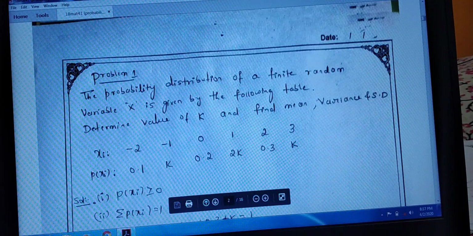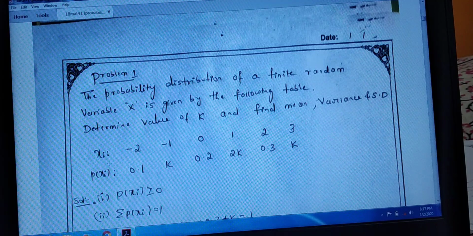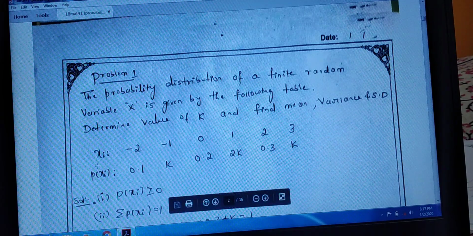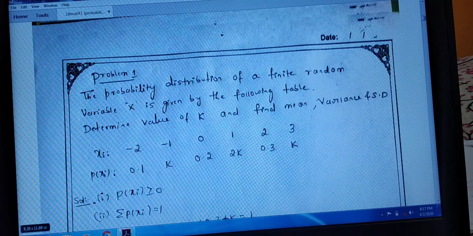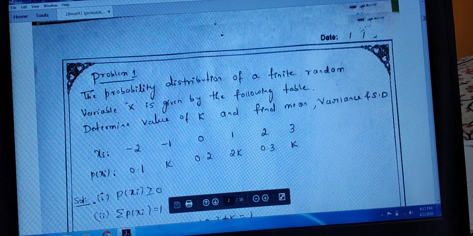Here we have a table of values for xi and p of xi. The xi values are -2, -1, 0, 1, 2 and 3, and p of xi, the probability mass function or probability density function, is 0.1, k, 0.2, 2k, 0.3 and k.